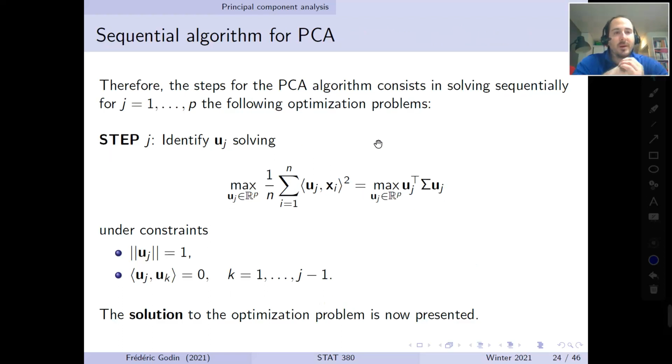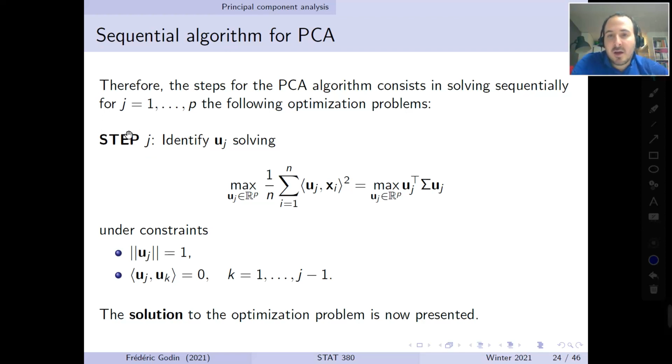We've defined the problem using words, but now we're going to define it more formally, mathematically. The principal component analysis algorithm consists in sequentially finding our vectors, which will represent axes, for j equals 1 to p, because we have p orthonormal vectors, and they must solve the following problem.